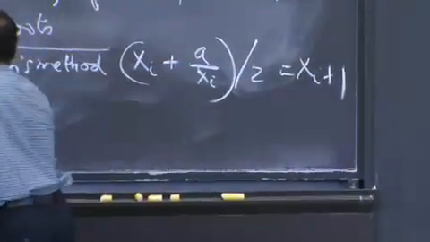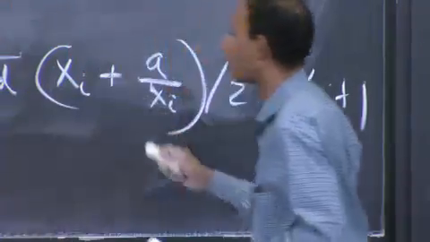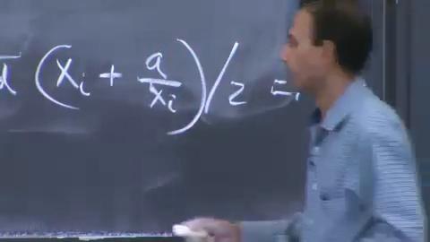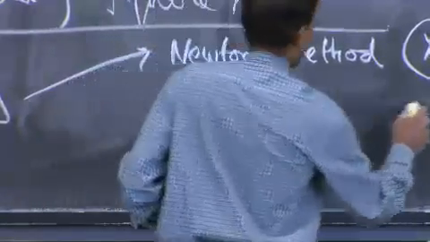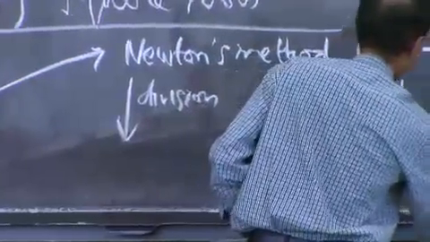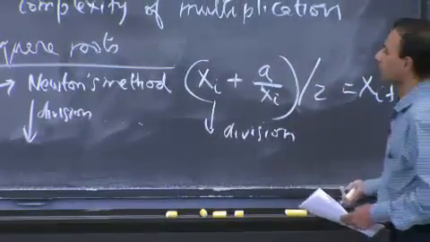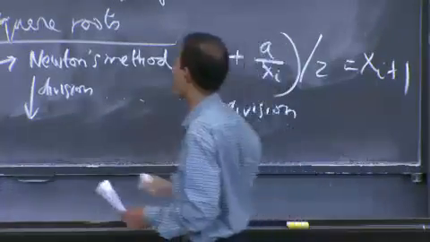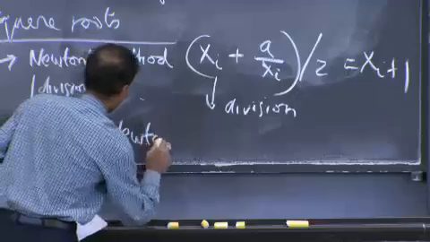Now every time you do that for a particular x_i, you're going to end up having to call a division. Okay? So you're going to call a division here, and then you're going to call a division here. For each iteration, you have to call a division. And what we're saying is, well, for each of these division methods, we're going to call Newton's method.